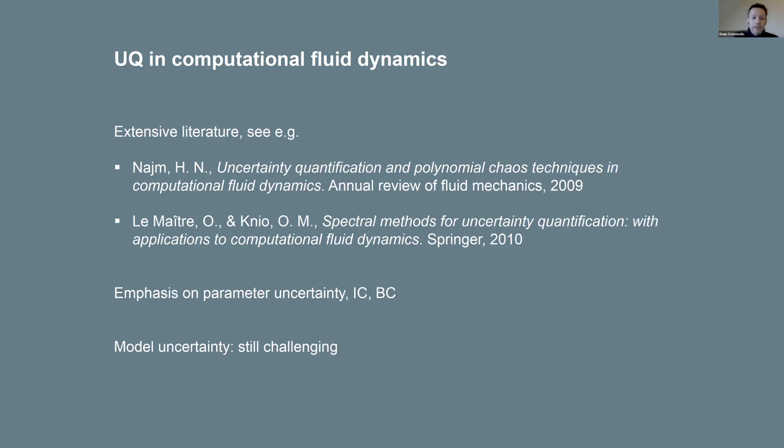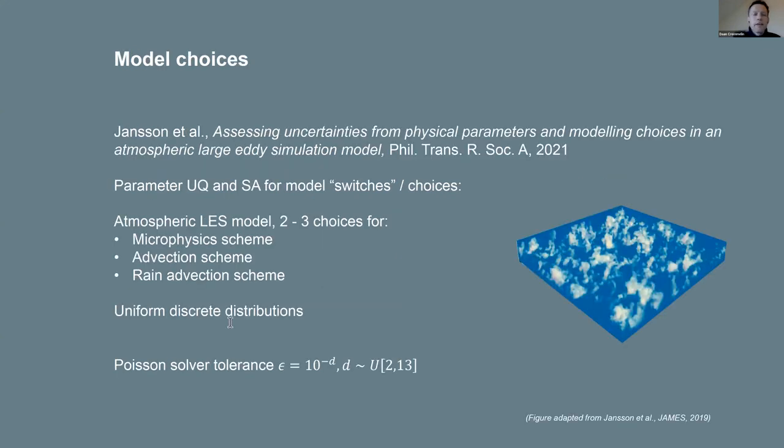And what I want to do in the rest of my talk is go over a couple of ideas, some of which I've worked on myself and others not, how model uncertainty can be, well, I wouldn't say dealt with, but at least ways to perhaps get something of a handle on this problem. So one thing is relating to what I mentioned before about this point, you have to make choices, right? So model choices.